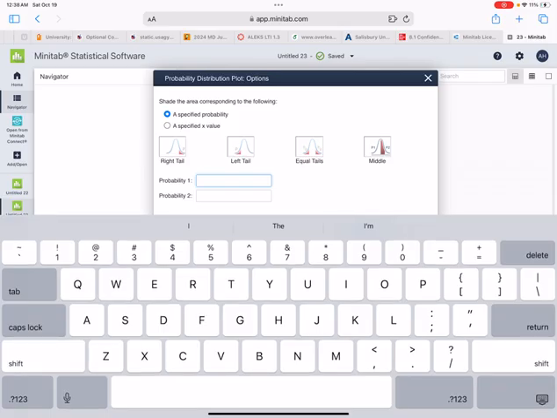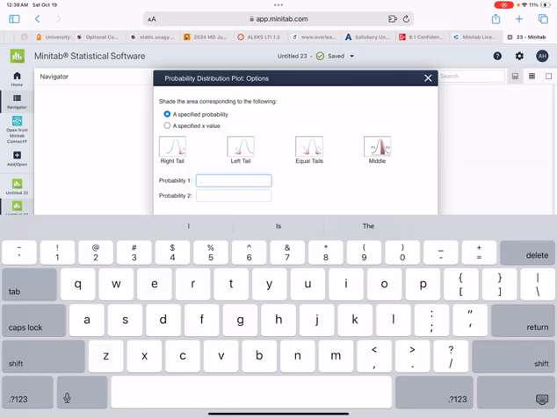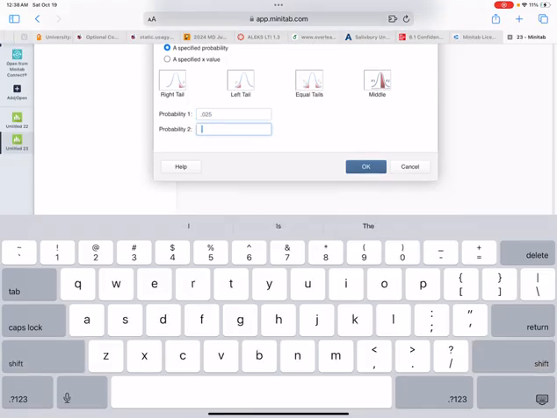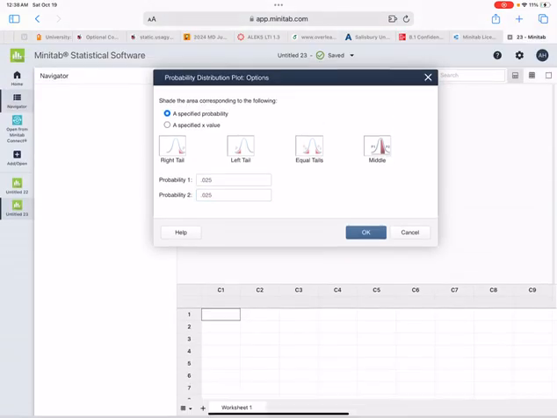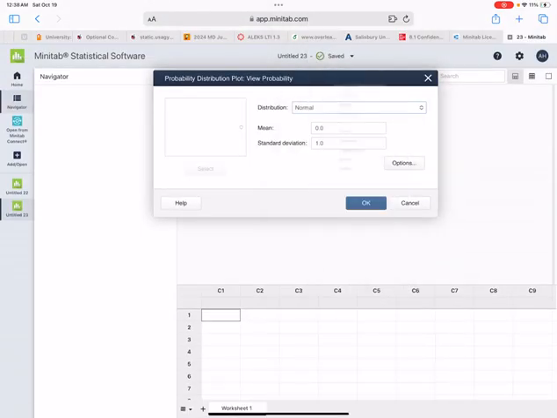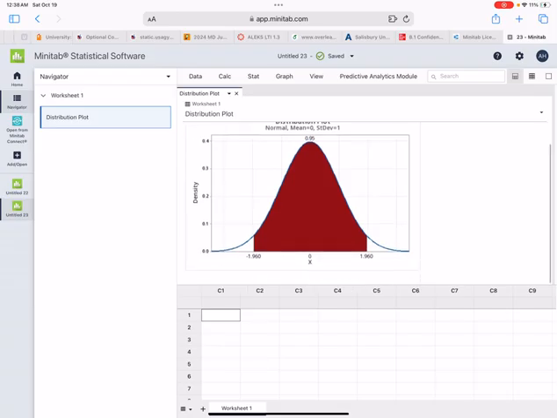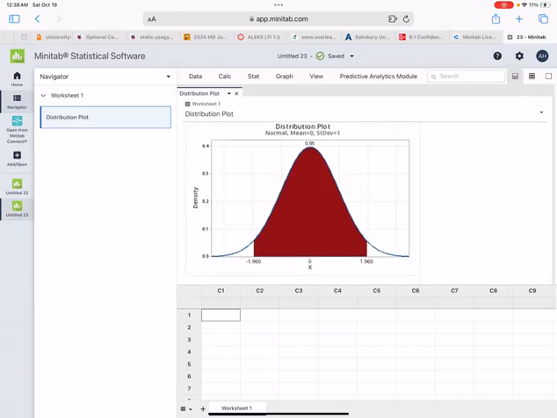If our confidence level is 95%, then we're going to do 1 minus that and then divide it by 2. Right? Because that's the amount of space remaining on either side, and that's what the middle asks for. And that gives us that z-score, 1.960.